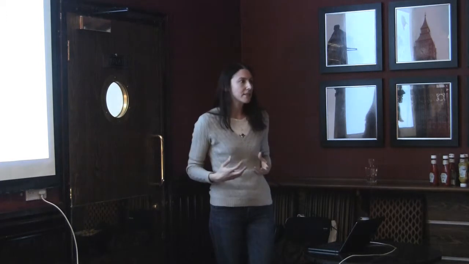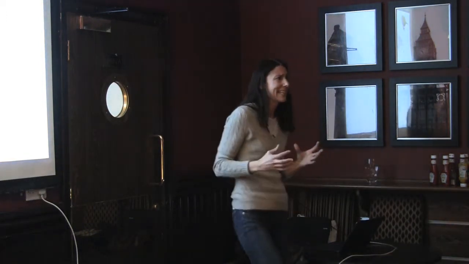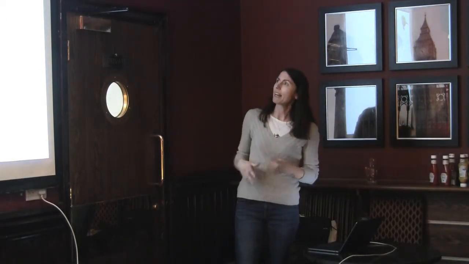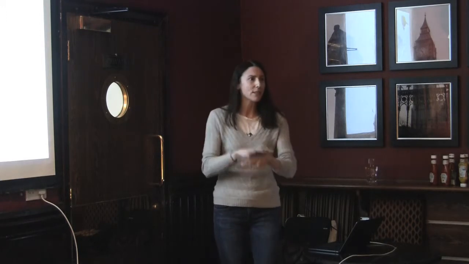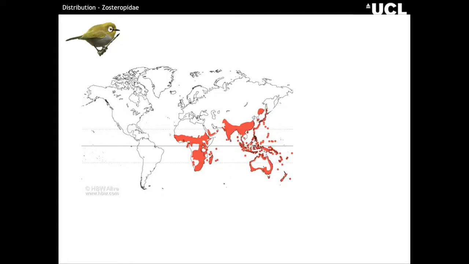Now, compared to those examples I gave you of adaptive radiation, which you will have noted were from islands, very spatially small systems, Zosteropidae have this enormous distribution, and you can see that they occur across Africa. They're also found in the associated islands, the Gulf of Guinea and the Indian Ocean island, Madagascar, through to Arabia, India, and then all throughout Asia and down to New Zealand.